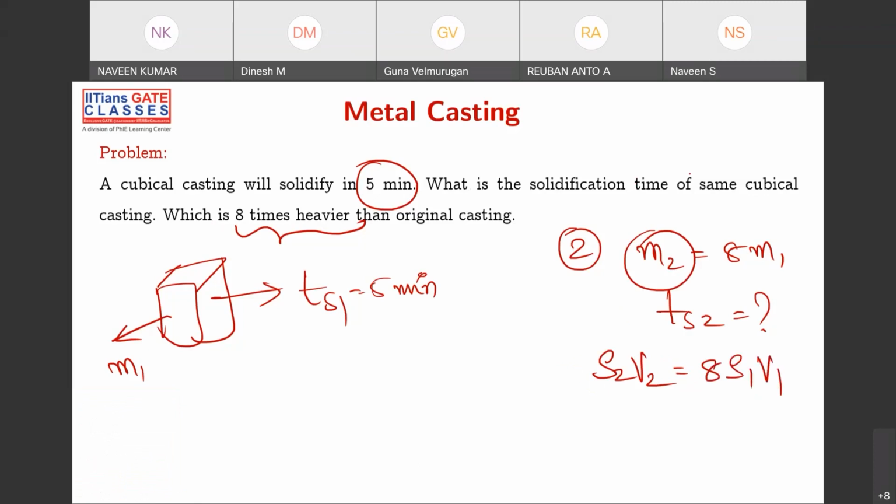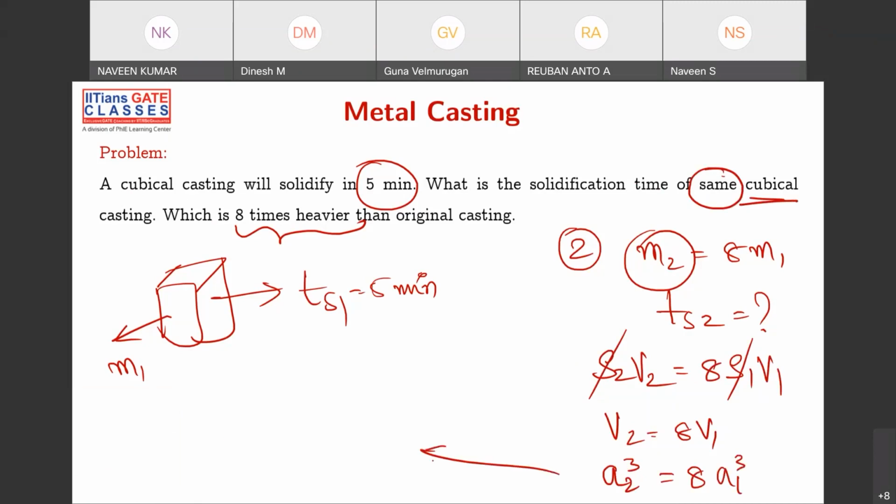They are saying it is the same cubical casting, same material, so rho 1 and rho 2 are same, cancel them. v2 is equal to 8 v1, and both are cubical. So a2 cube is the volume of the second casting, equal to 8 times a1 cube. So a2 will be the cube root, and a2 is equal to 2 a1.